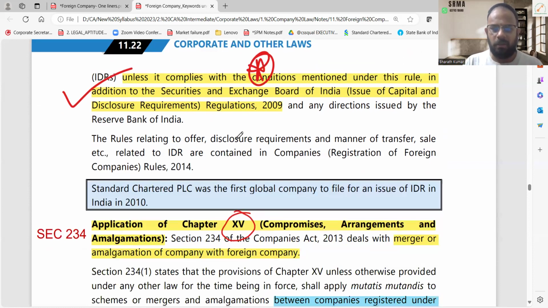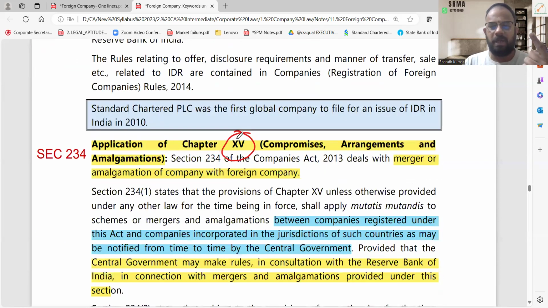Okay, that's all. Then compromise, arrangement, amalgamation means go as per chapter number 15, which is told in section 234. You have not studied it, but understand one thing: mergers and amalgamation, mergers and acquisition, amalgamation with the foreign company. You are not going to read 234 now, but you will read it when you go for the self-paced module.